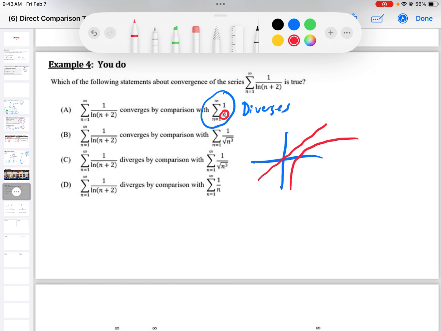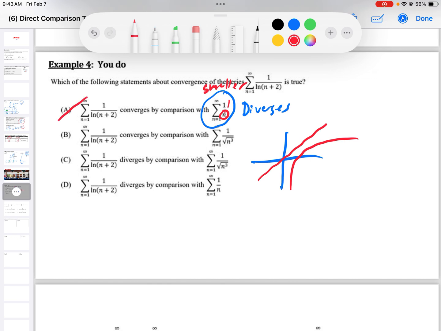But the natural log function looks kind of like that, right? So this denominator is going to be smaller, making this whole number bigger. So I'm not sure I can say that if the smaller one diverges. Oh wait, no, this one's smaller. The bottom is bigger, making the overall fraction smaller. The smaller one diverges, so the bigger one we can't say.